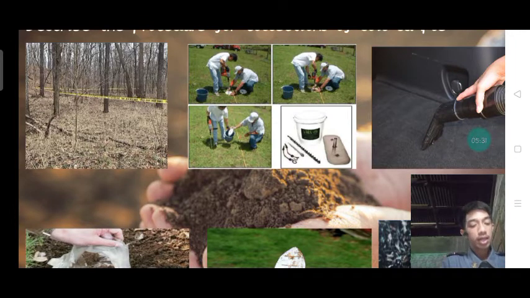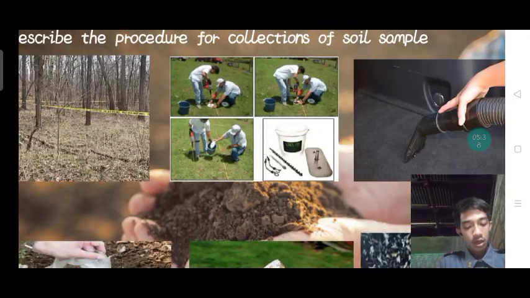So, yung pag-collect daw natin ng soil sample is meron siyang different ways depende kung saan natin mako-collect to. Una, pag yung sample is na-collect natin sa indoors, generally na ginagamit dito is vacuuming.